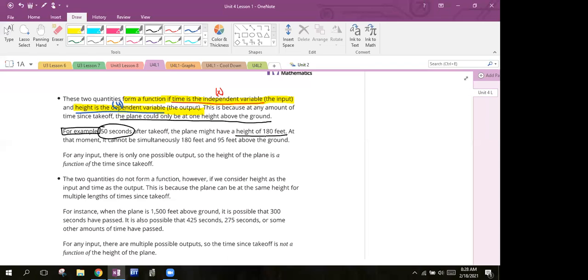Now, at that exact moment, it cannot be at 180 or 95 feet above the ground at the exact same time, because that one input of 50 seconds can only have one output at 180 feet. It can't have multiple heights. Does that make sense? Yeah. Okay, so big takeaway: for any input, there is only one possible output. So the height of the plane is a function of the time.